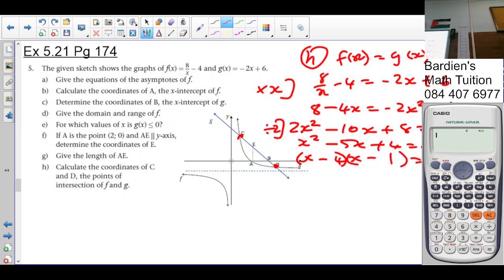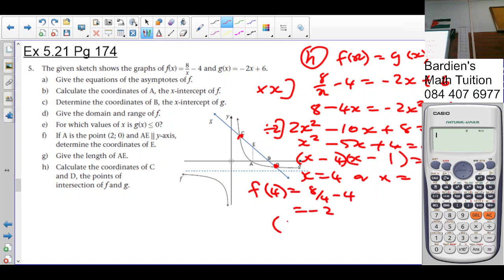Okay? So x is equal to 4 or x is equal to 1. Why are there two values? Two points of intersection. The x equal to 1 belongs to C. So we'll substitute that into either the straight line or the hyperbola. So f of 4 equals 8 over 4 minus 4, which is negative 2.